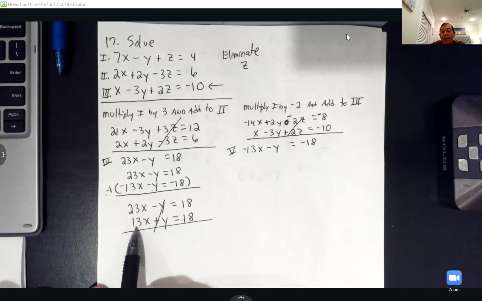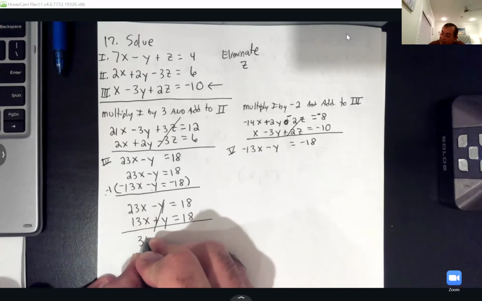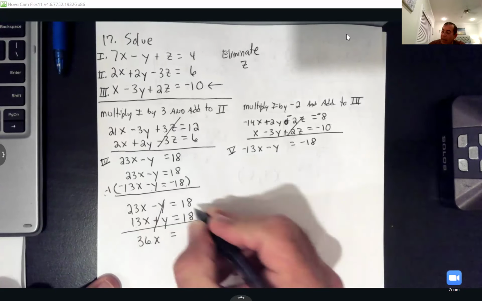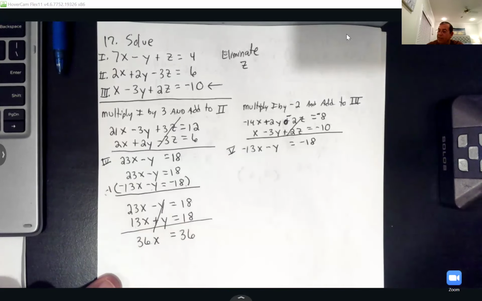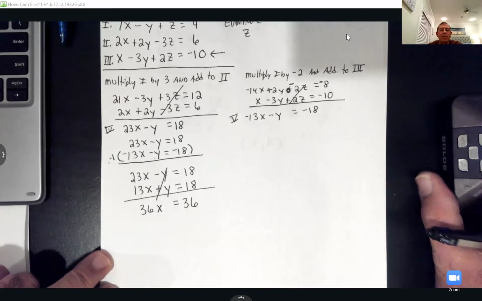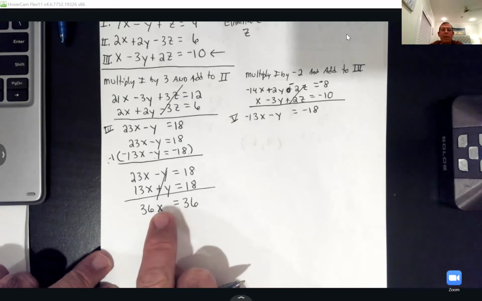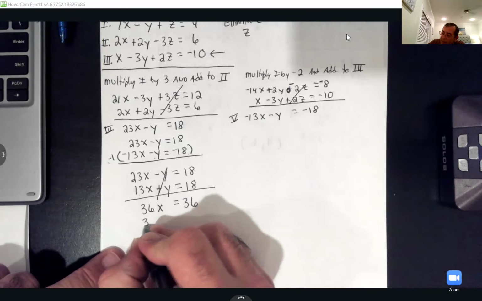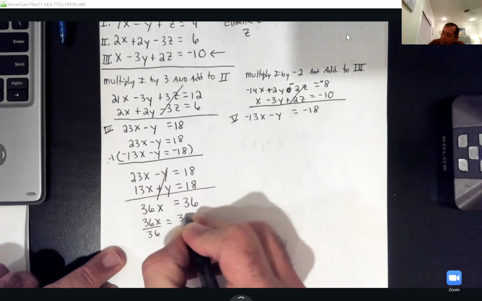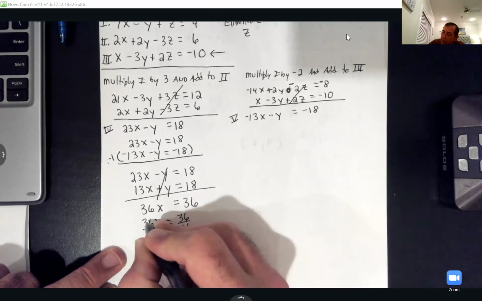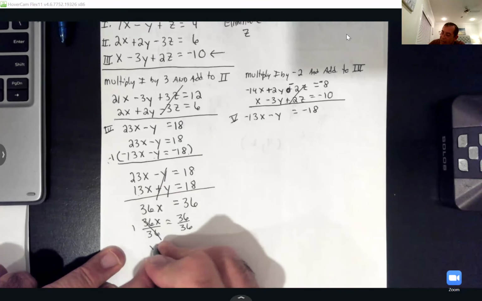All right, y'all, so I'm happy the y's finally cancel. 23 and 13 gave me 36x. 18 plus 18 gives me 36. So it now looks like we can solve that for the x. So y'all, I'm going to divide both sides by 36. So that cancels, giving me my 1x.